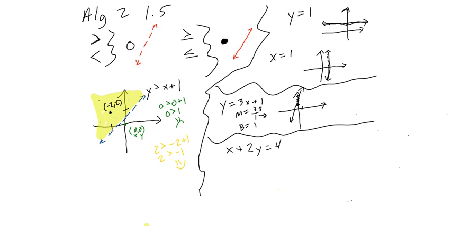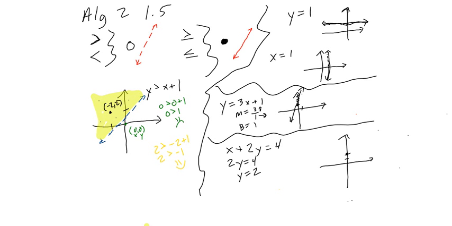So let's put in 0 for x. We get 0 plus 2y equals 4, which means y equals 2. So that point would be where x equals 0, y equals 2, so that's our y-intercept.